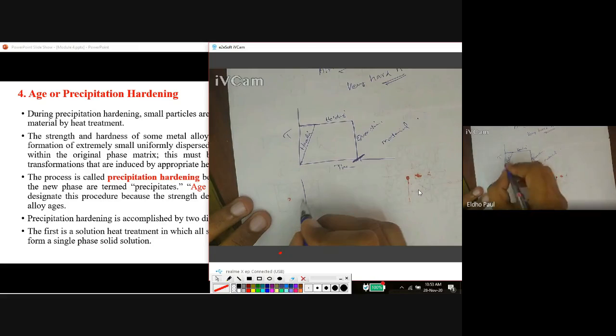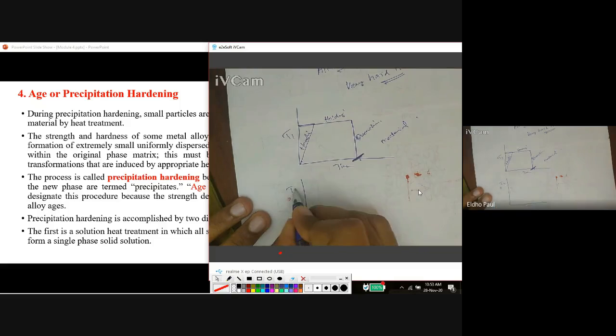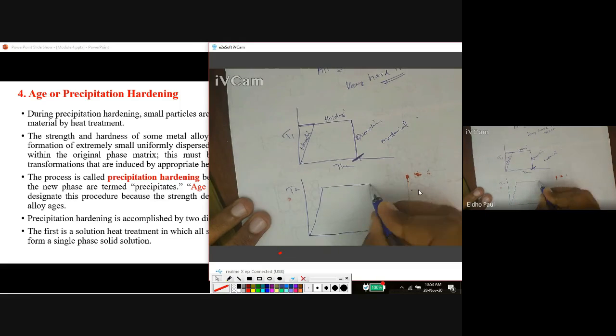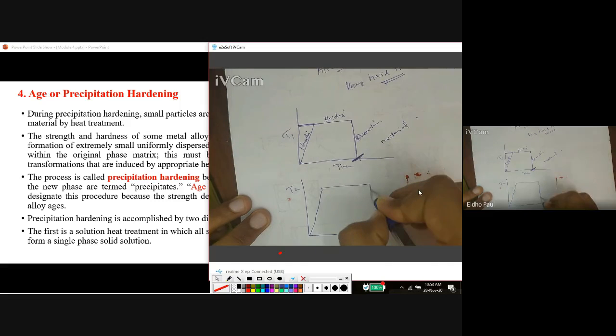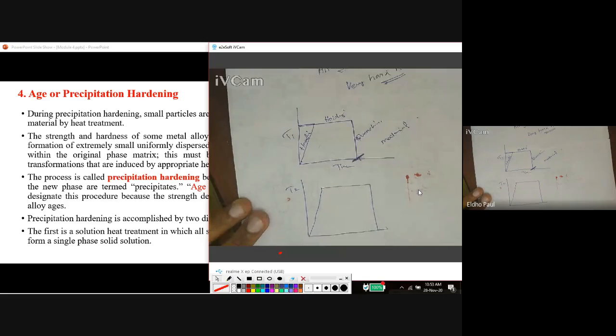So this is T1. He conducted the same experiment with another temperature T2. He held there, and again quenched.